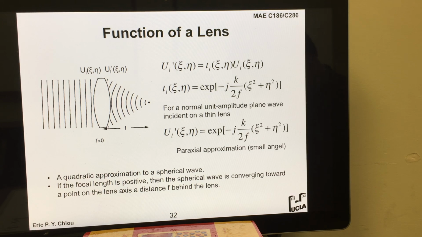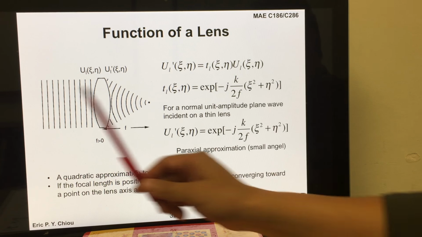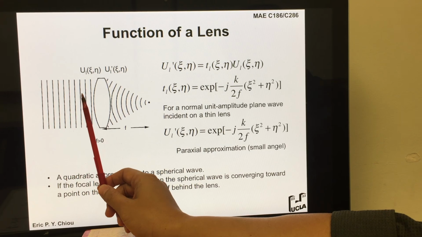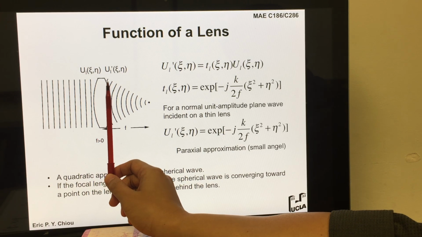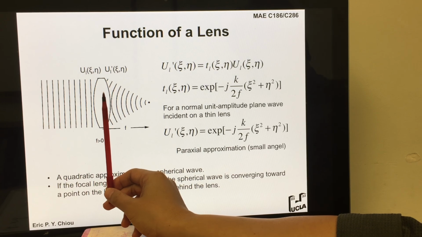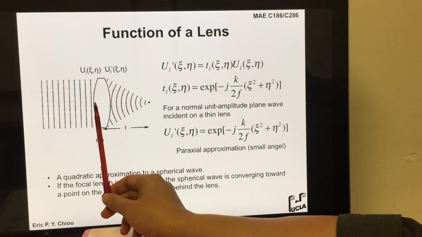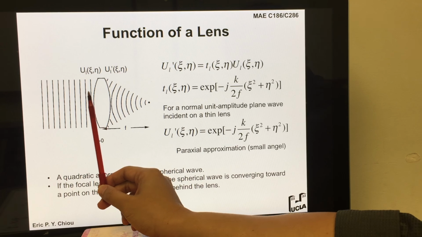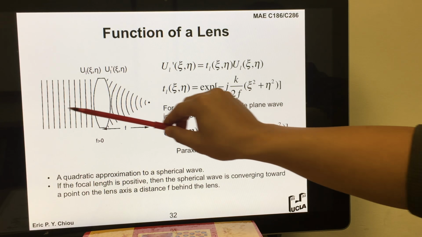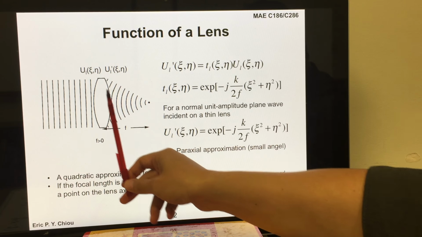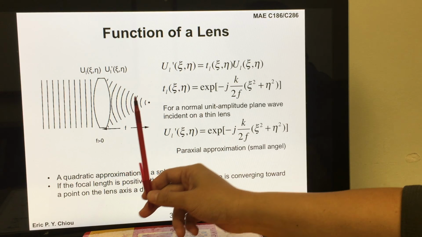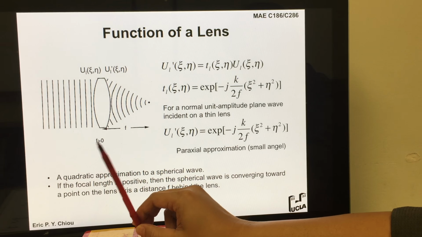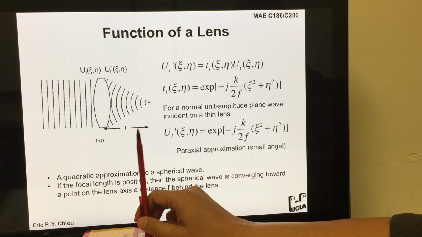So let's look at the function of the lens here. We all know that when a plane wave illuminates the lens, the lens has different thickness at different locations. So the function of the lens is that when you have parallel light rays coming in, they all get focused into the focal point.